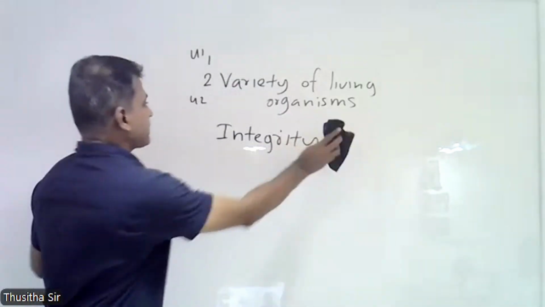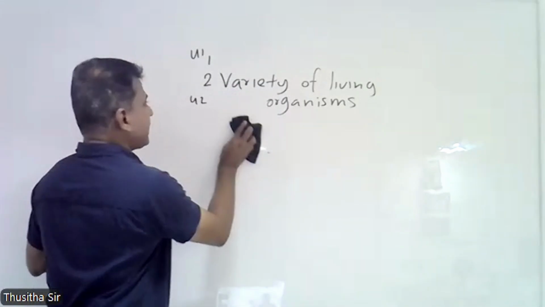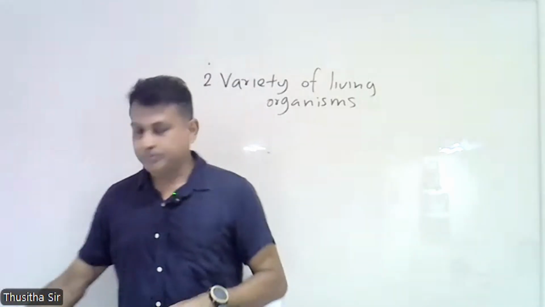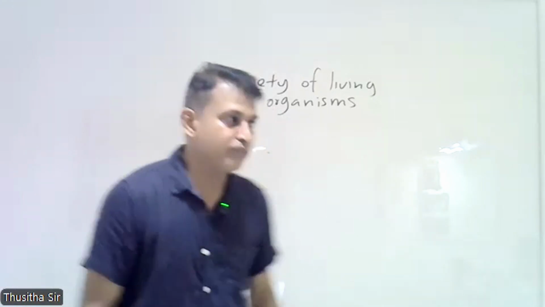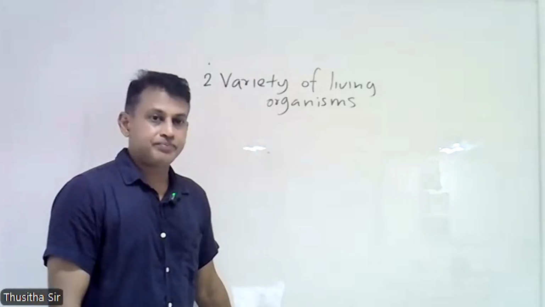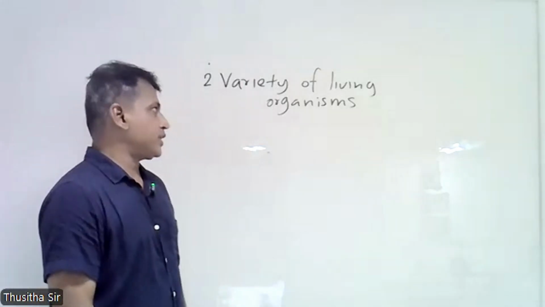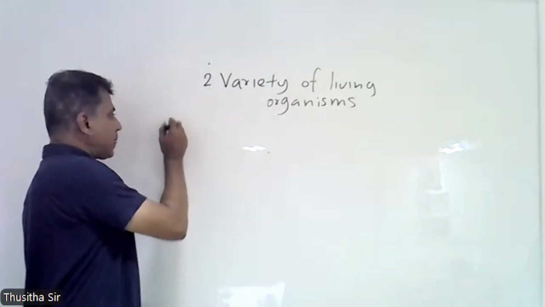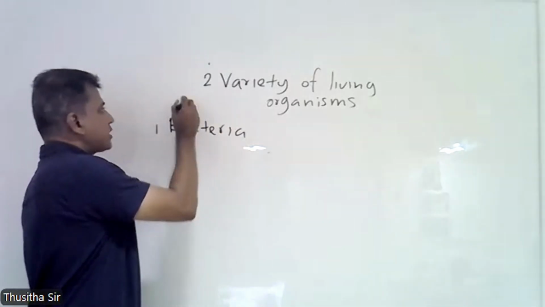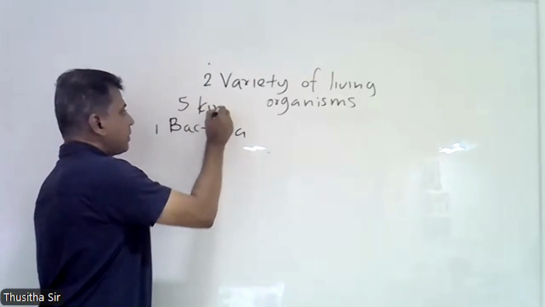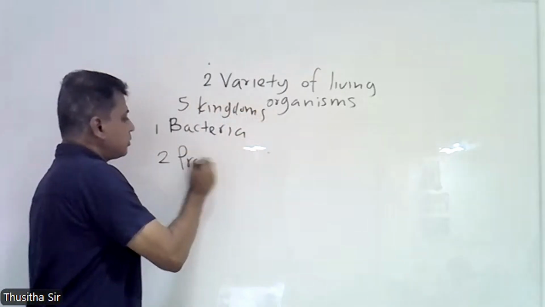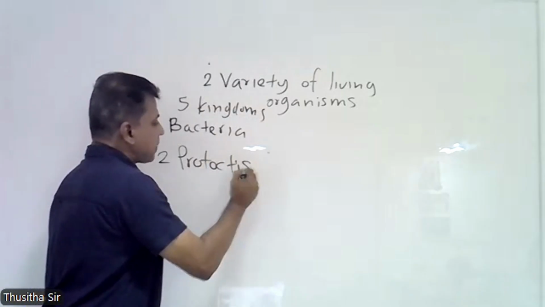That's integrity, right? So that's an important thing, variety of living organisms. All living organisms we're going to divide into 5 kingdoms. What are the 5 kingdoms? Number 1, bacteria. So I write here 5 kingdoms. Number 1, bacteria. Number 2, protoctist.